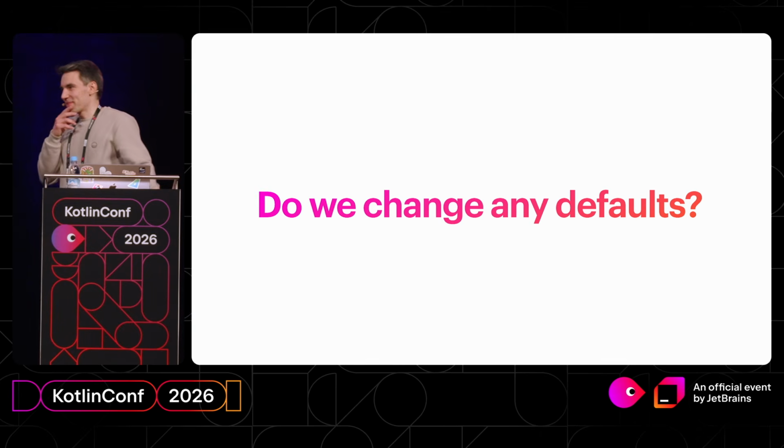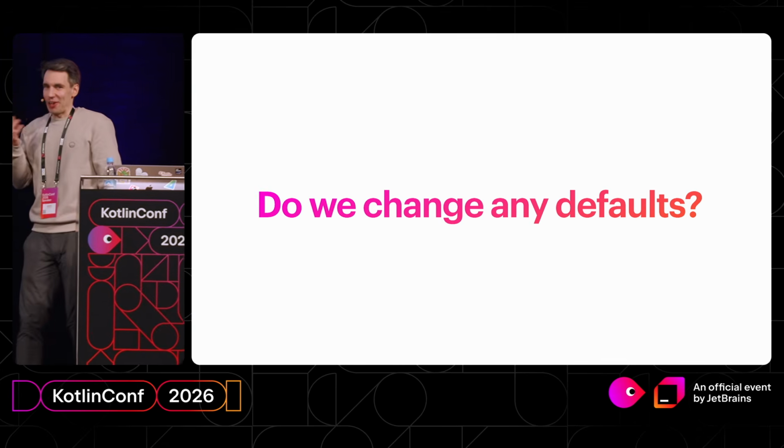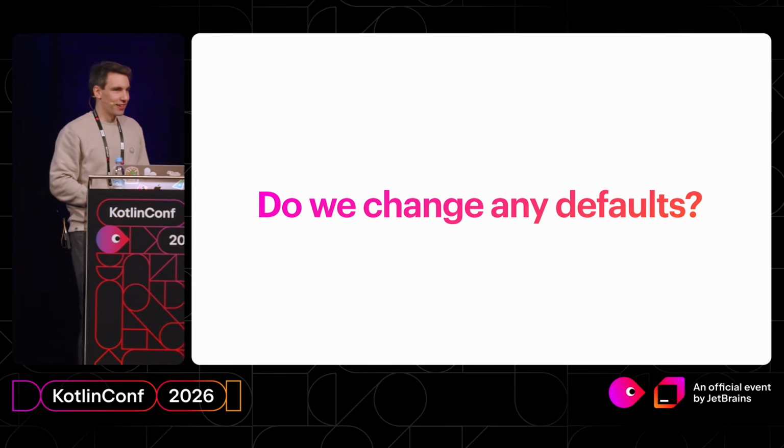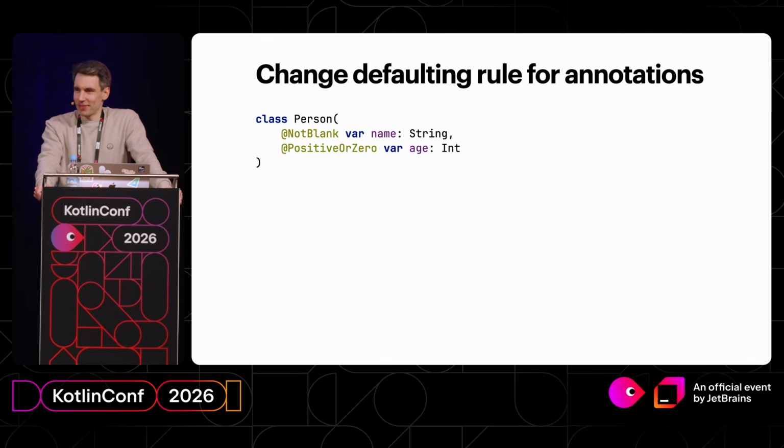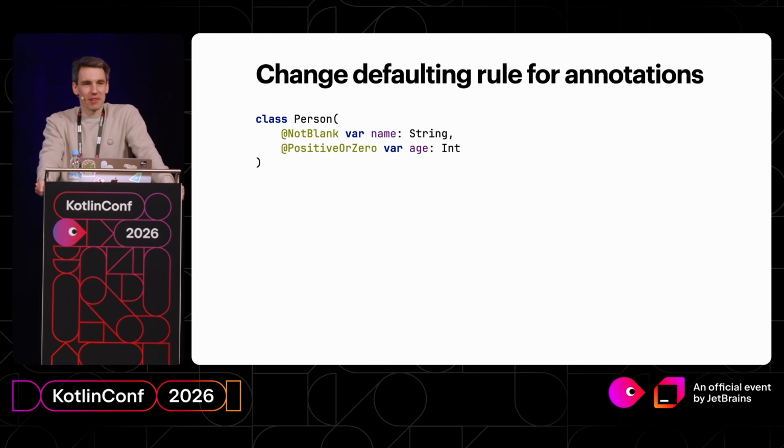So we are very careful, and one of the questions is, do we change any defaults in Kotlin? And actually, there will be one precedent in Kotlin 2.4. We have a class Person with, for instance, two mutable properties, and some annotations that check, when we change these properties, that this string should not be blank, or this integer should be positive or zero.